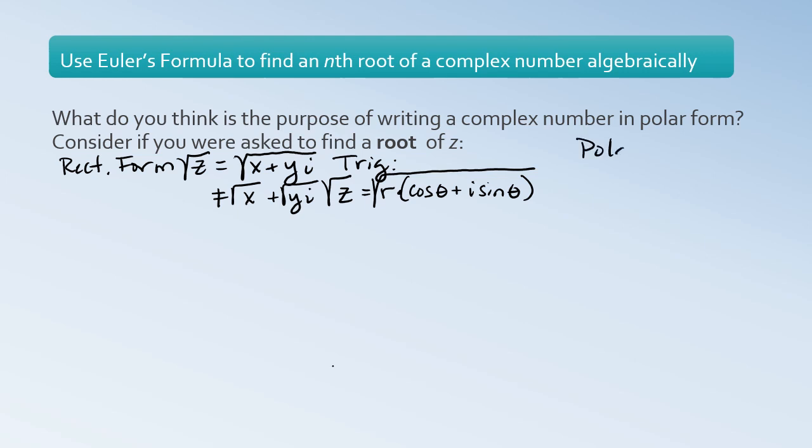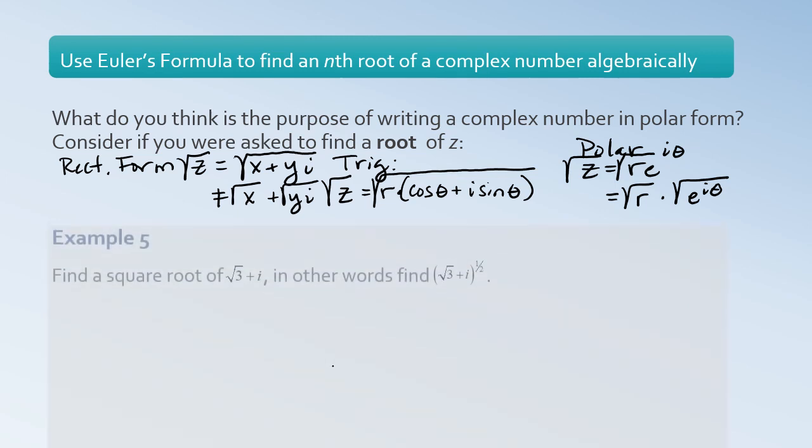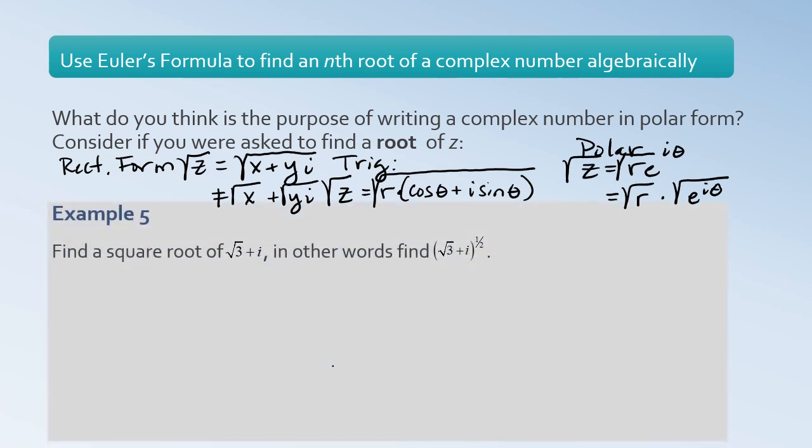The polar form is the only one where we see a product. And so if I was asked to find a square root of this, what I could say is that this is equal to the square root of r times the square root of e to the i theta. So in other words, the purpose of doing this is so that we can simplify it down a little bit more. So let's take a look at an example.